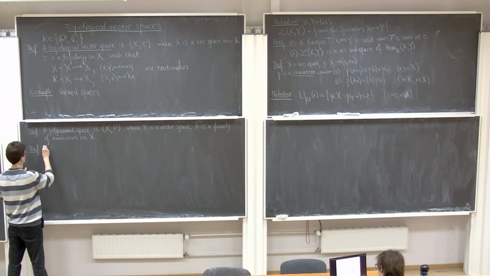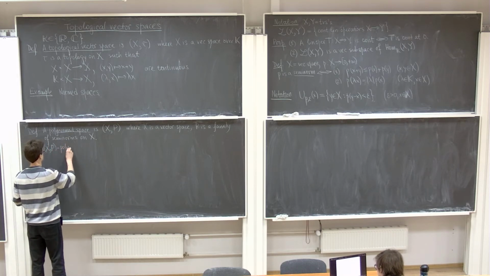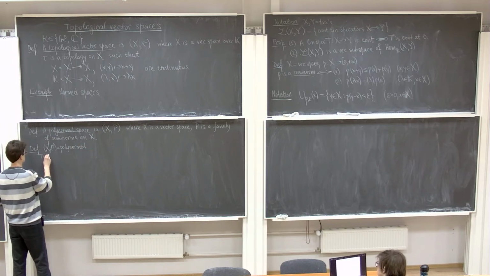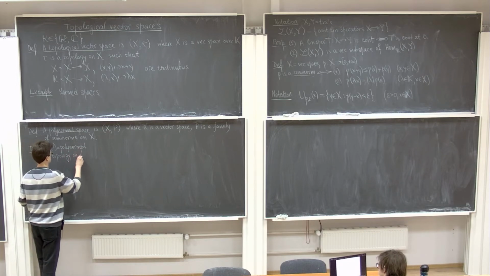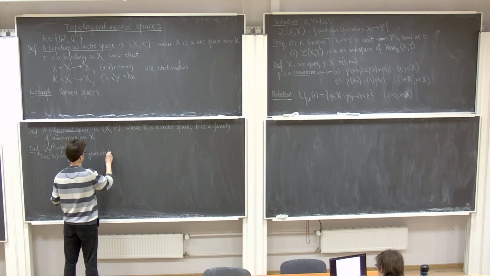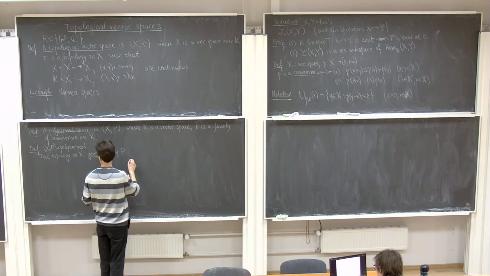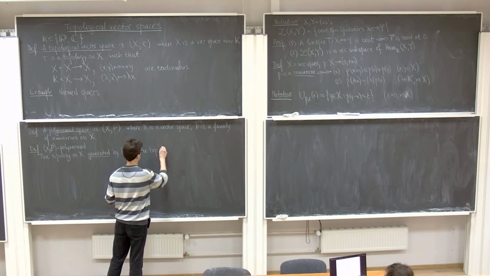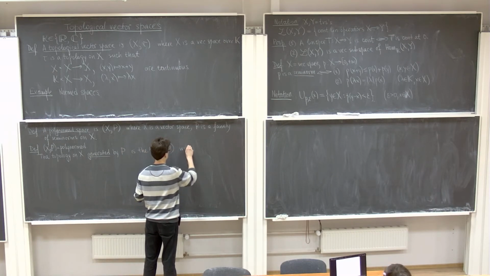If we have a polynormed space (X, P), we define the topology on X generated by P, generated by our family of seminorms, as the topology which will be denoted by tau of P with the following subbase.